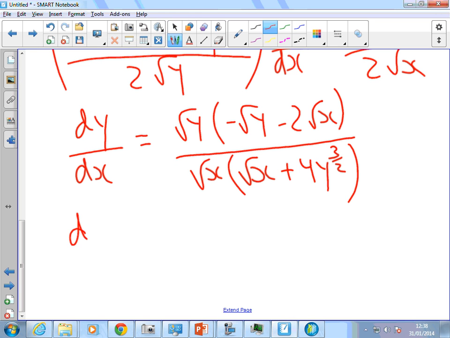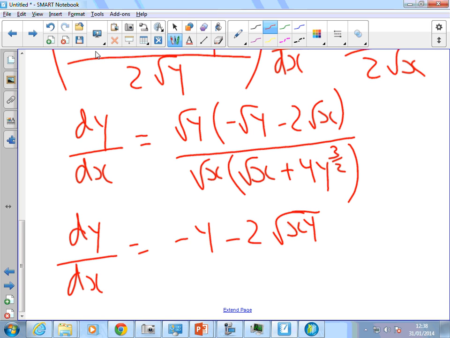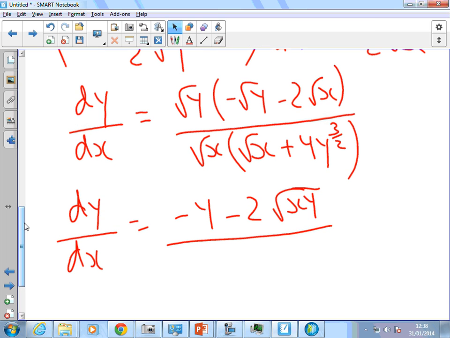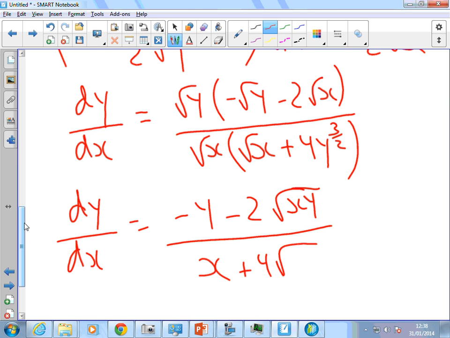So dy by dx is equal to, multiplying out the top by root y, we get minus y minus 2 root xy, all over, multiplying the bottom by root x, removing the bracket, we get x plus 4 root y cubed x. And that looks as nice as it can be, I suppose, and that's the final answer.